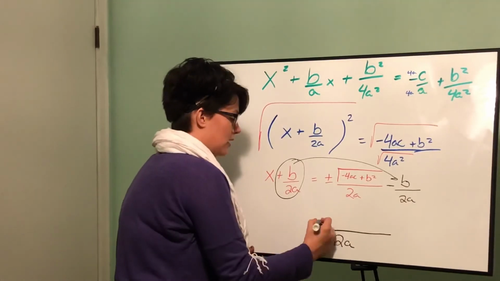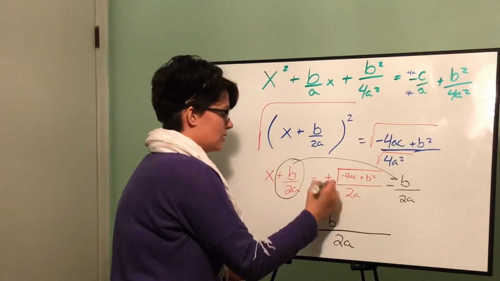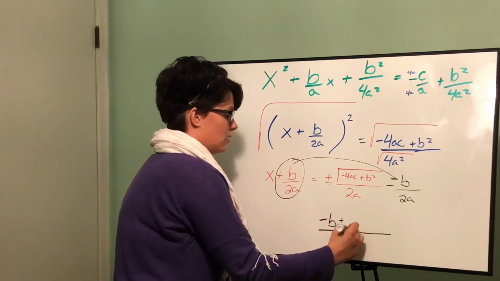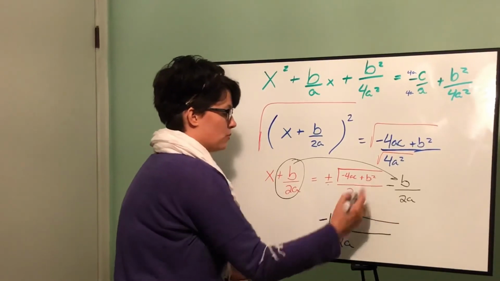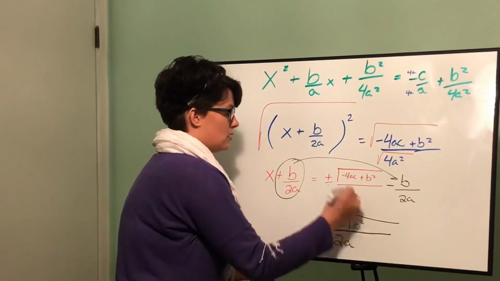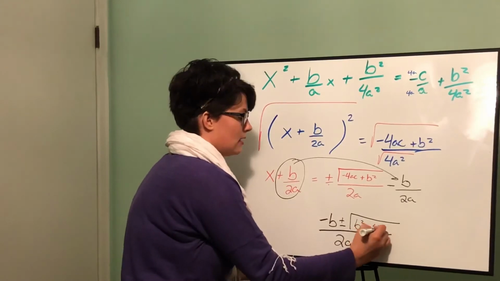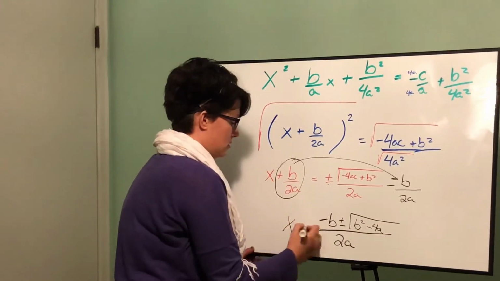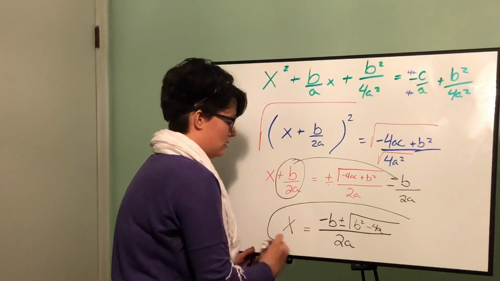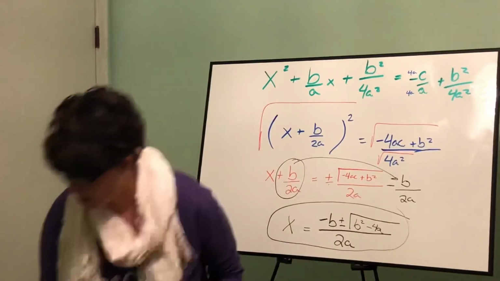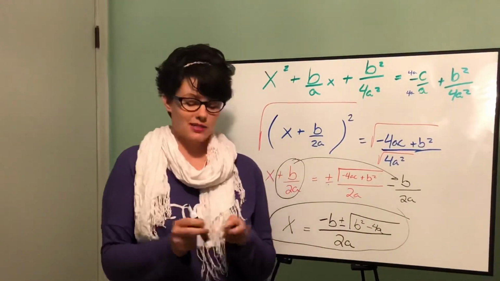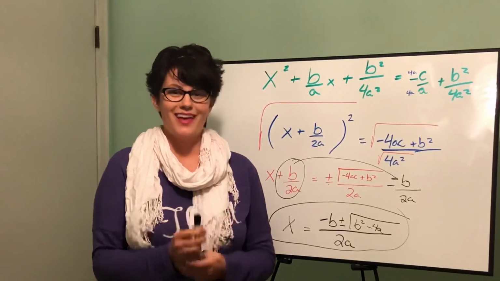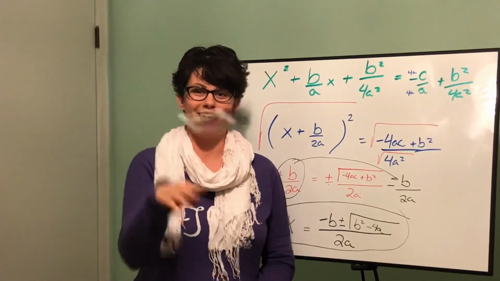There's your negative b, there's your plus and minus, there's your square root, there's your b squared, there's your minus 4ac. And that, my friends, is how you get the quadratic formula.